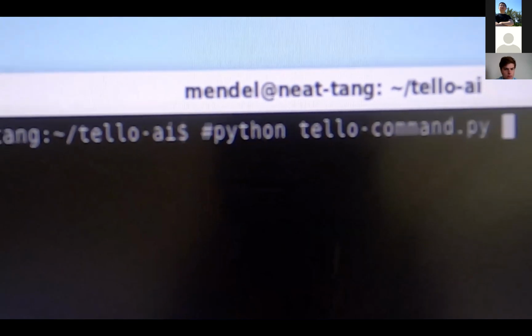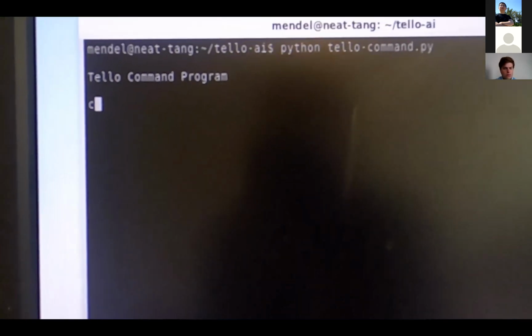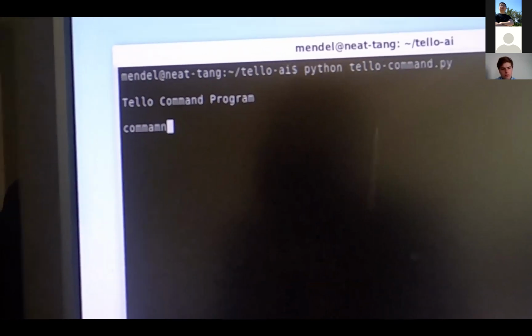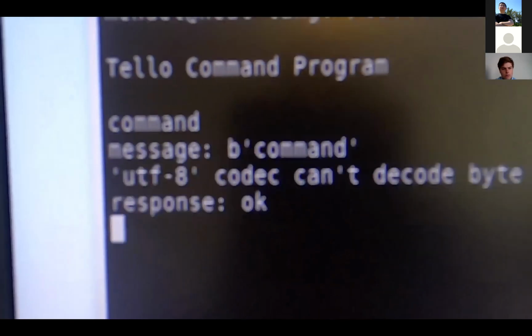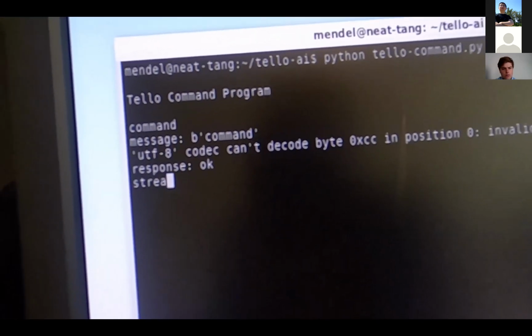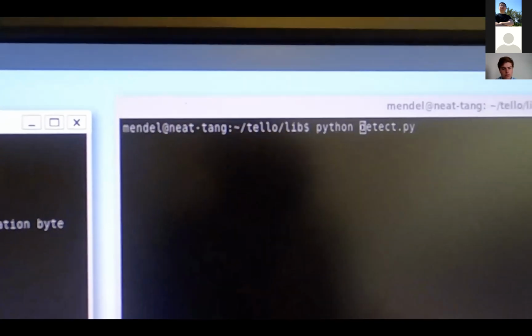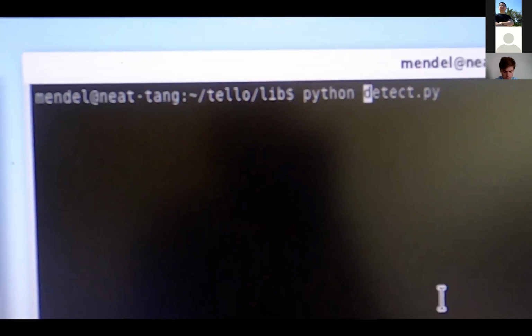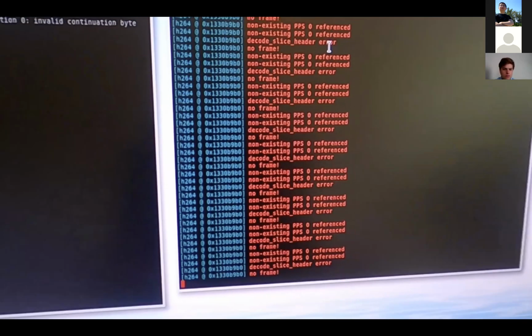When it is connected, you have to connect to the drone itself. It's a Tello, so you have to establish the UDP connection. It has 2 ports that connect, and you stream it. Once it's streaming, you run the script that you saw earlier.